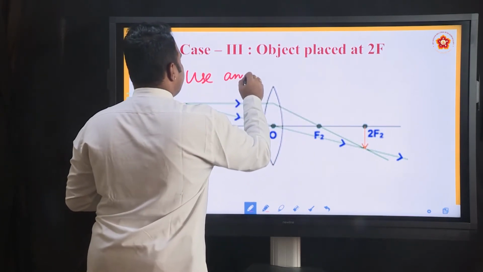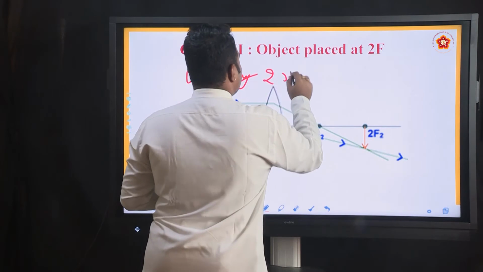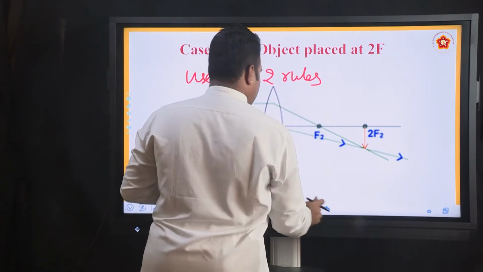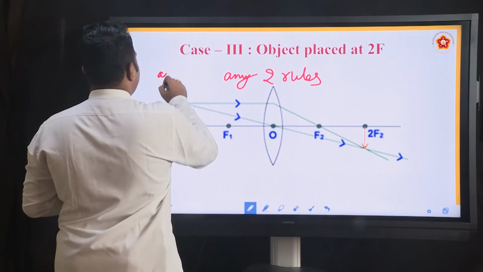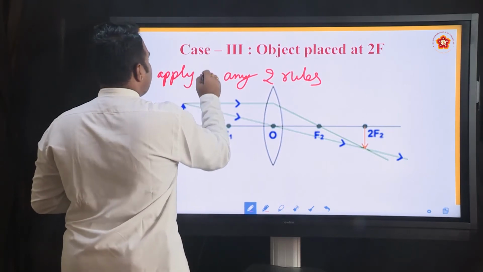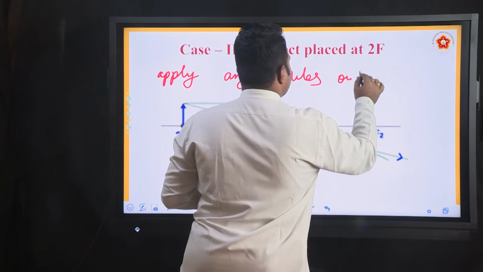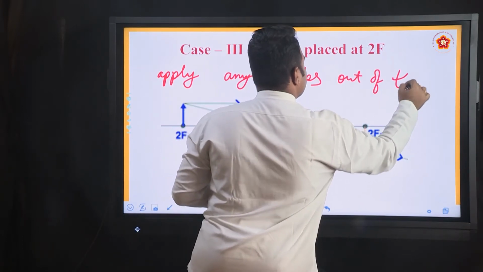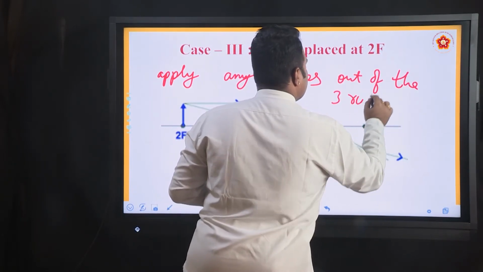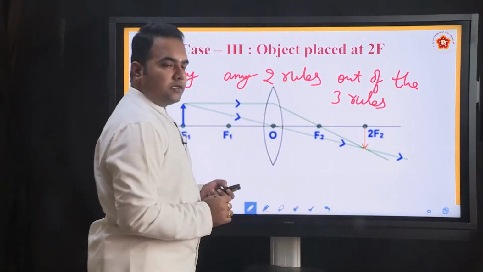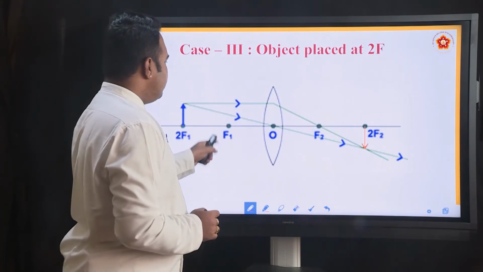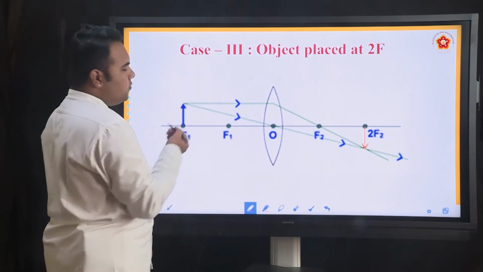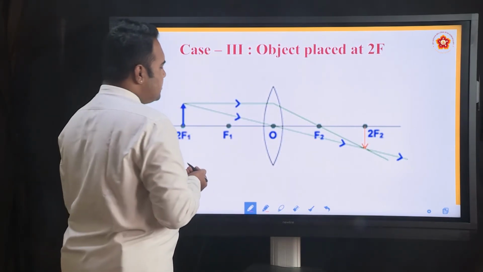Use any 2 rules out of the 3 rules, whichever is suitable for us. In this particular case we can use rule 1 and 2, rule 2 and 3, or rule 1 and 3. Any 2 if we use, you will get it.